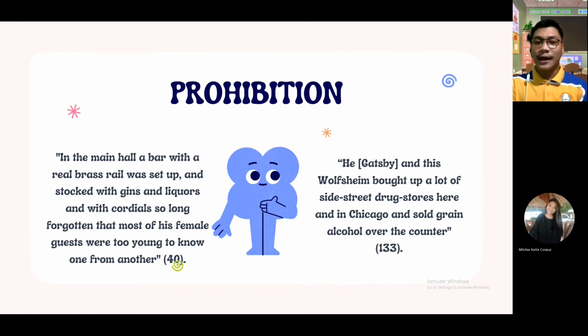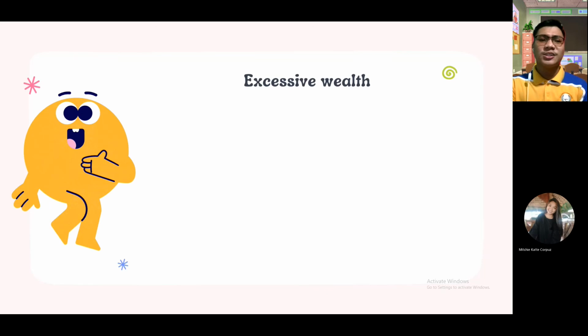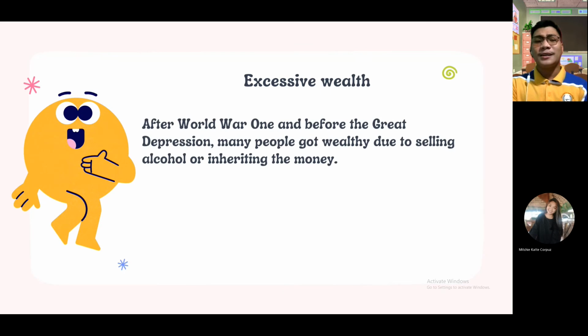The next problem that we have is excessive wealth. What is this excessive wealth? After World War One and before the Great Depression, many people got wealthy due to selling alcohol and or inheriting money.